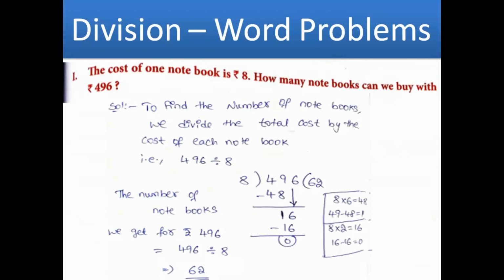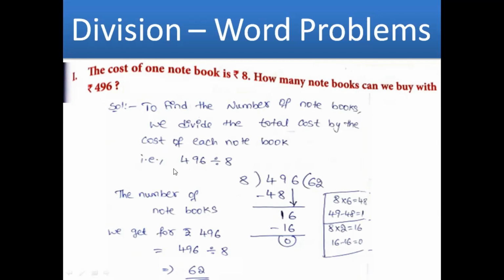Division word problems. The cost of one notebook is rupees 8. How many notebooks can we buy with rupees 496? Solution. To find the number of notebooks, divide the total cost by the cost of each notebook.